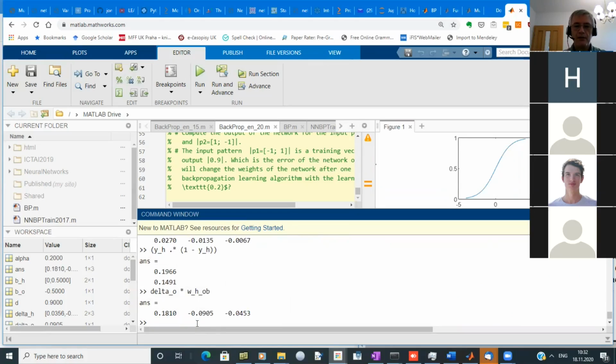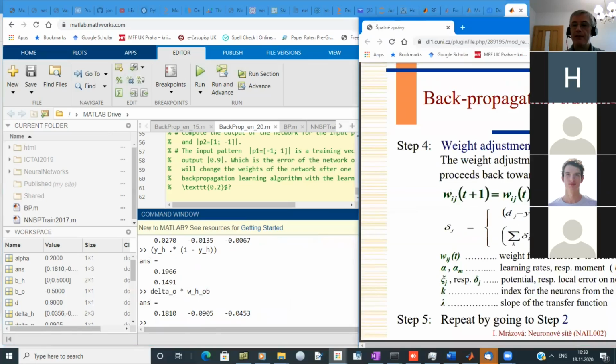So we have three elements here, because in the weight matrix we have also the bias. So this will be the left part of the formula for delta sub j, and from the right part we should obtain all those three values. Here we obtain only two. How can we obtain three? The last value here was for the weight which models the bias.